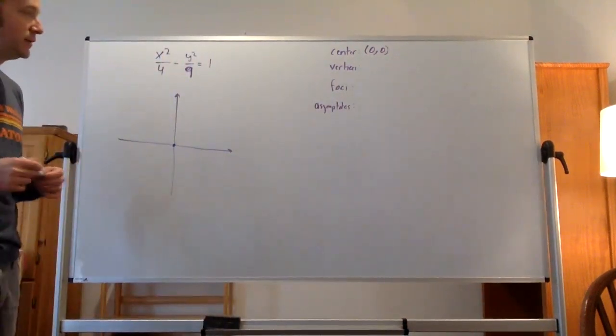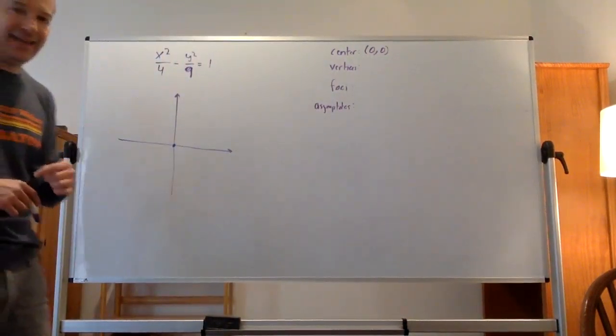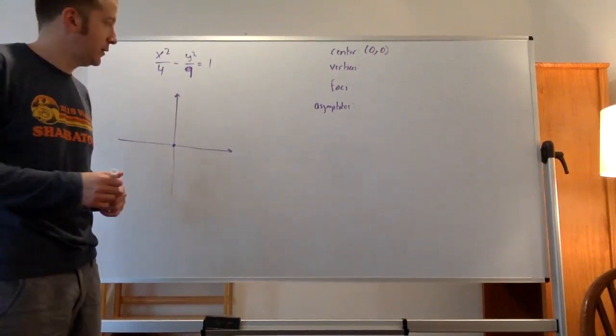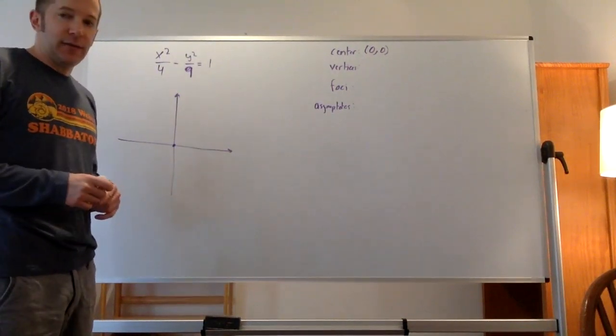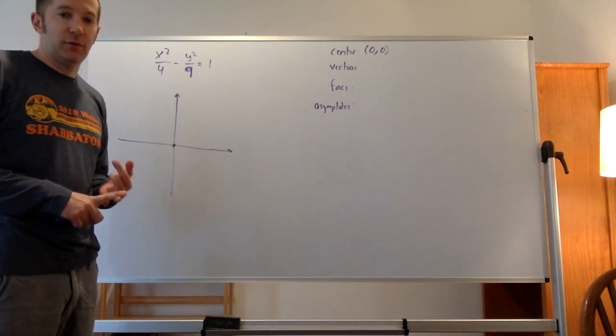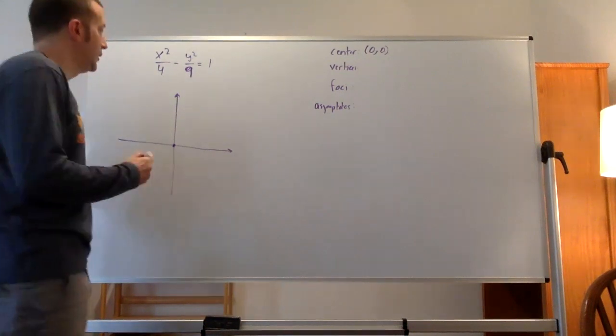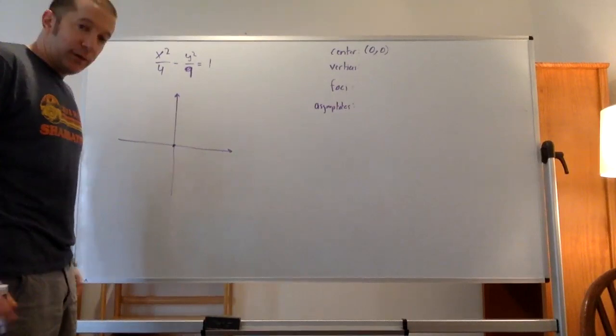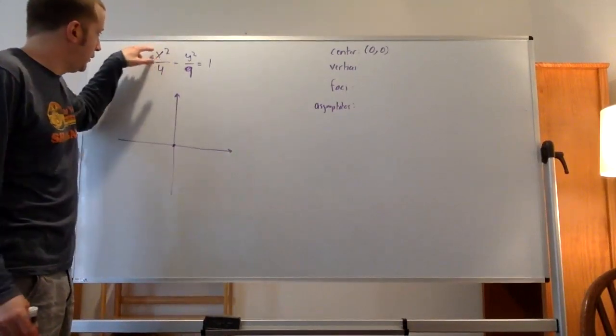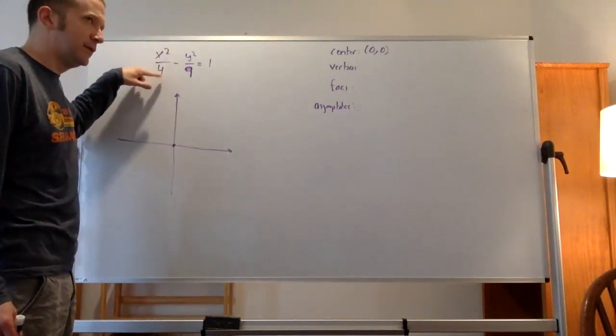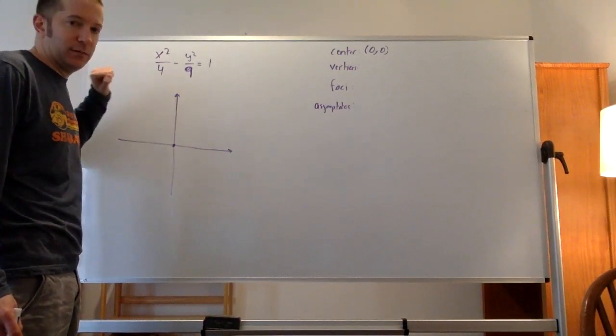All right. The next thing I'm going to want to do is identify A, B. I might as well do C as long as I'm doing that, because the A and the B are going to help me draw the rectangle. So with hyperbolas, the number in the denominator of the positive term is always going to be A squared.